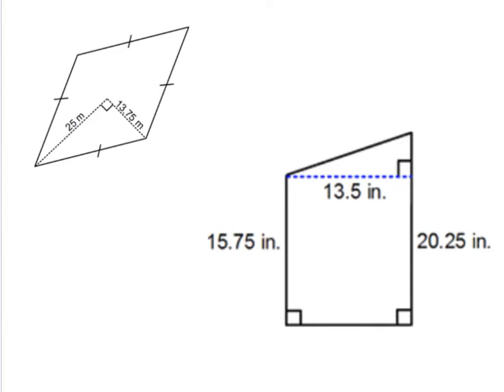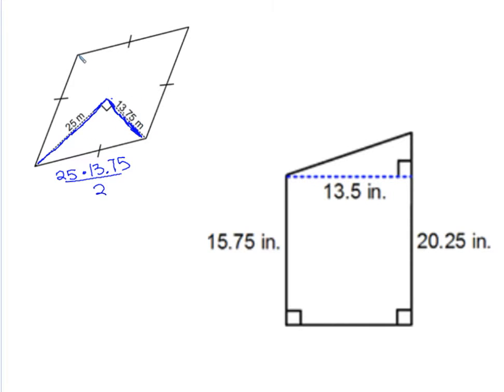Okay? Now, this one doesn't go all the way across, so I'm going to get just the area of this triangle right here, because these two meet at that 90-degree angle, and that's what I got to look for. So, the area of this triangle, I would take 25 times 13.75, and I would divide it by 2. Now, whatever that answer is, that's going to fit right here in this box, or this triangle.